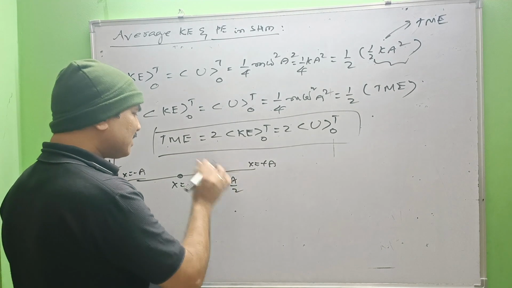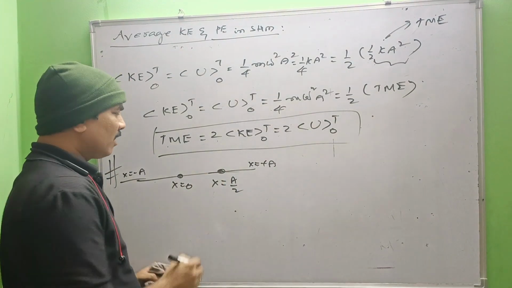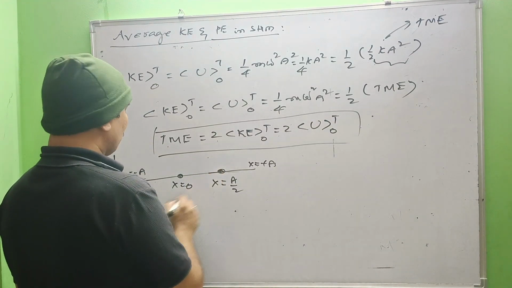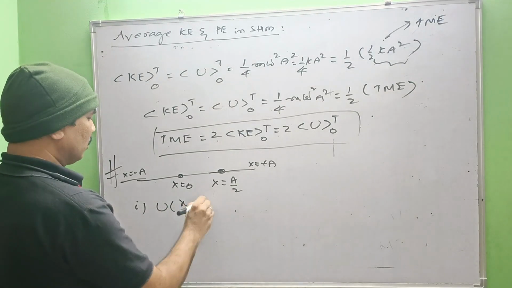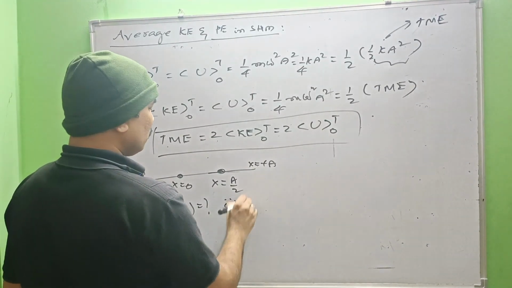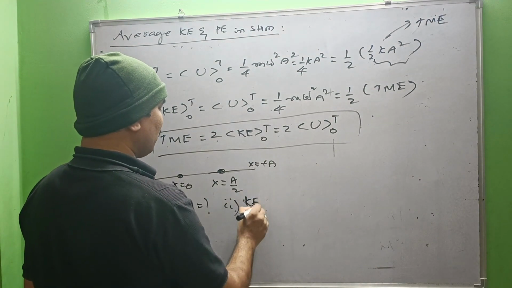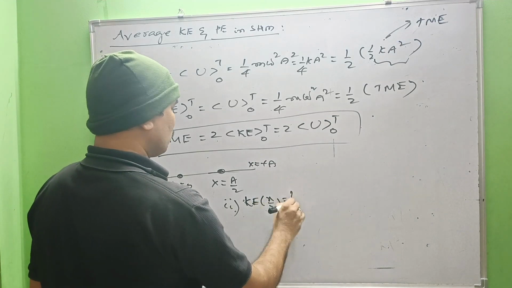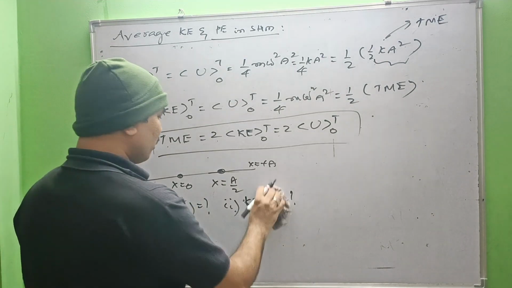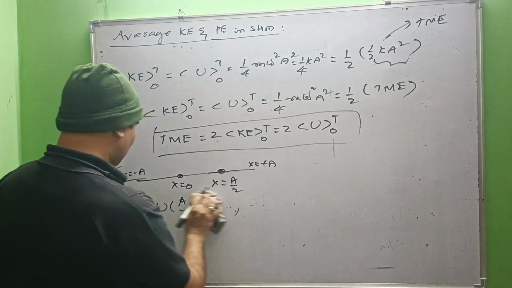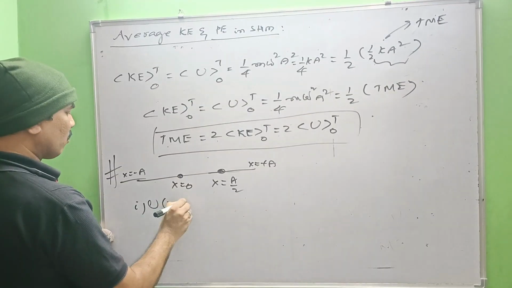Find number 1, the potential energy at x equal to A by 2.